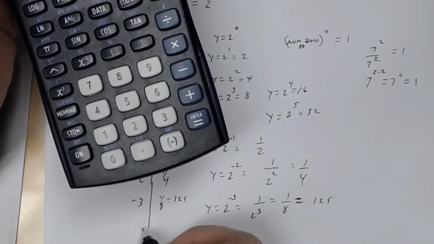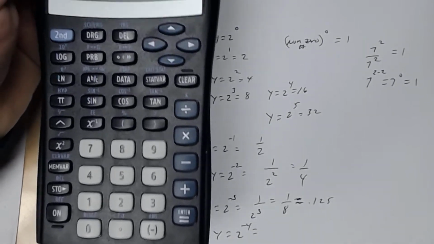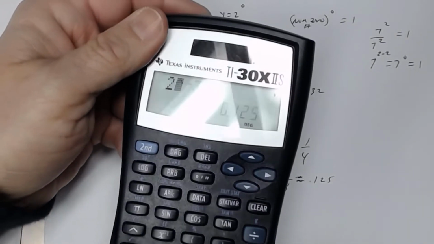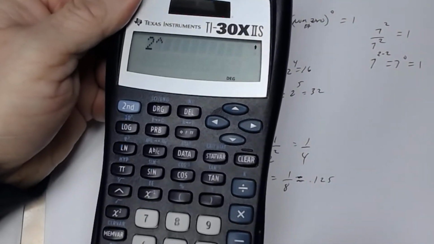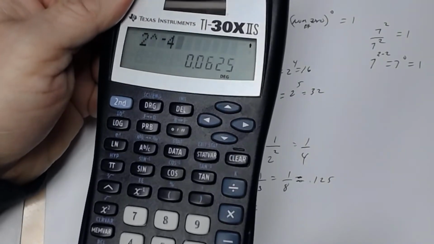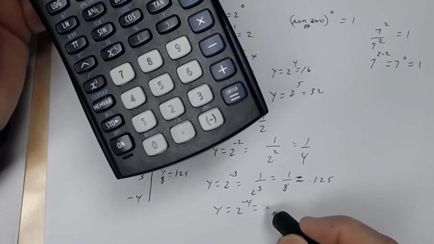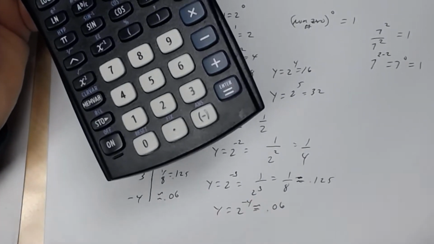Now, if x is -4, I get y equals 2 to the -4, and just use your calculator at that point. So 2 raised to the -4, equal, and that's about 0.06. I'm going to approximate that one, 0.06. But here's the idea.